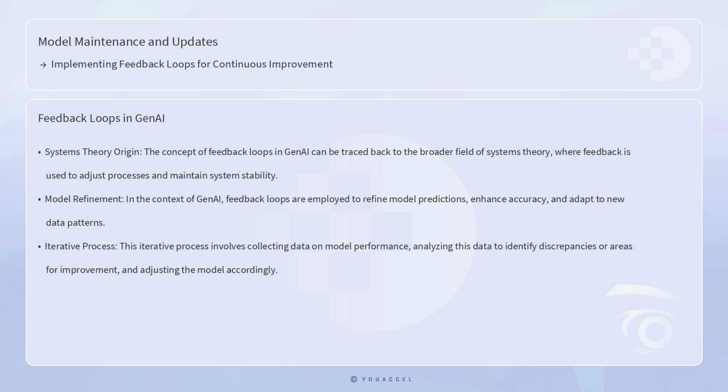This iterative process involves collecting data on model performance, analyzing this data to identify discrepancies or areas for improvement, and adjusting the model accordingly. These adjustments can include retraining the model with new data, fine-tuning hyperparameters, or even restructuring the model's architecture.